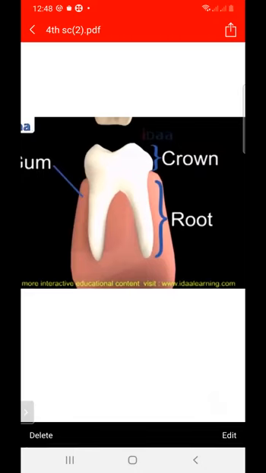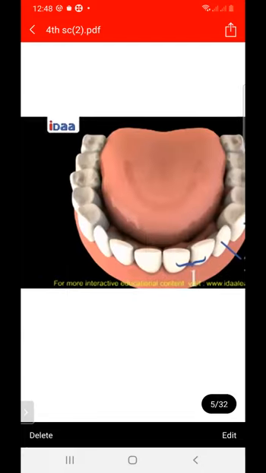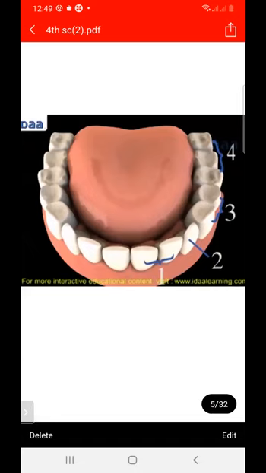And this lower part of the tooth is called the root. The upper part of the tooth is called the crown, and the lower part is called the root. जो मसूड़े से ऊपर वाला पार्ट होता है that is called crown, और जो मसूड़े के नीचे वाला पार्ट होता है वो हमारा क्या होता है? Root.